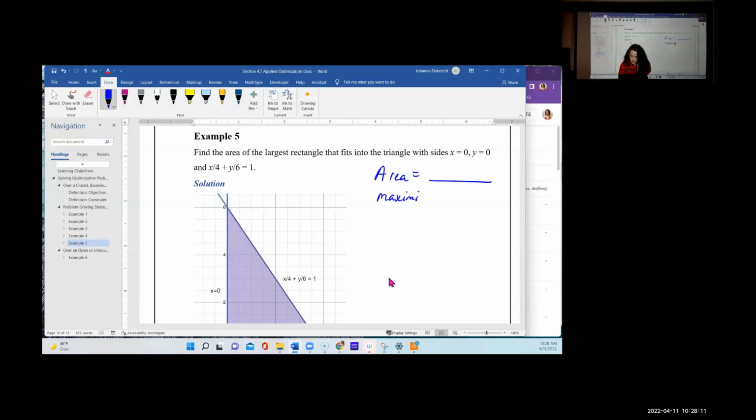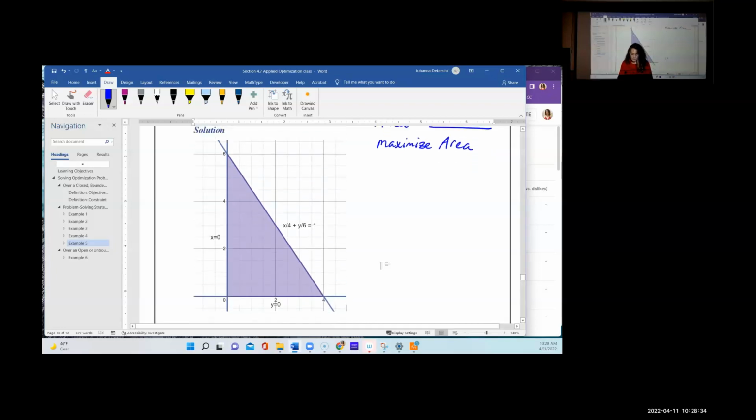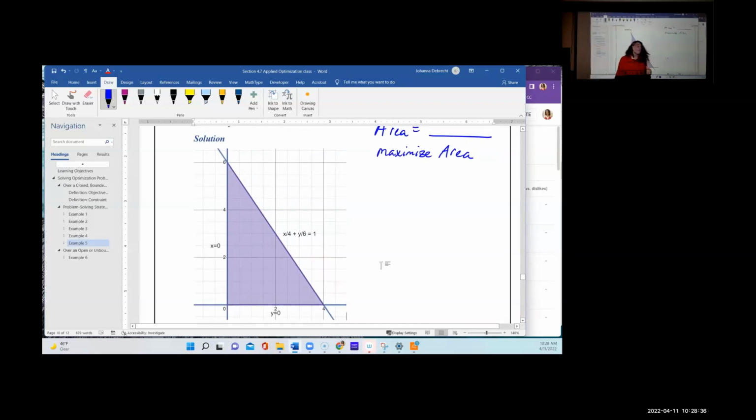Largest rectangle means maximize the area that fits, okay, into the triangle, got it, with sides, okay, the y-axis, x equals 0, the x-axis, y equals 0, and x over 4 plus y over 6 equals 1. Okay, so I'm trying to fit a rectangle into this shape right here.